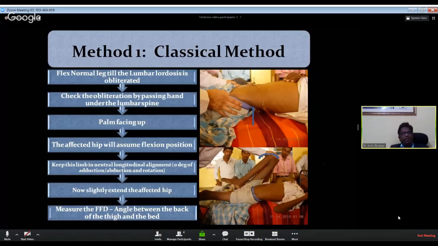Slightly extend it so that you feel that resistance, and that is the exact spot where the fixed flexion deformity is. Then you measure the FFD. Be careful when measuring because the thigh, the fascia, the undergarments and other things are there, so you may err in the diagnosis or in the measurement. Better to push these out and then measure properly and get the angle.